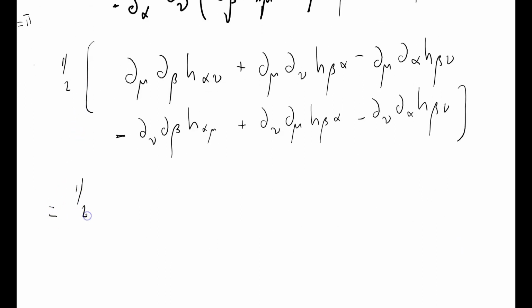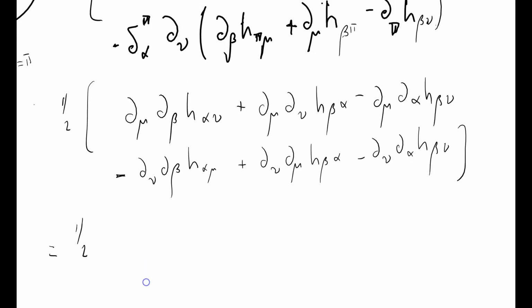Equals a half. Now, I bet something's going to cancel, and I'm going to have to spot it here. Have I got my signs wrong? Yes. I was going to observe that these two terms here cancel, but I've got my signs wrong. That's a minus, that's a minus, and that's a plus. Here we go. So what cancels out?